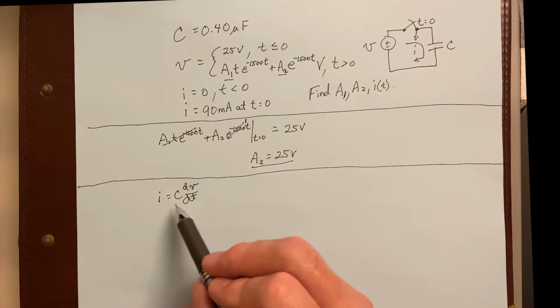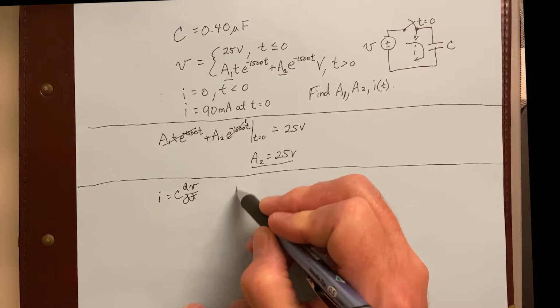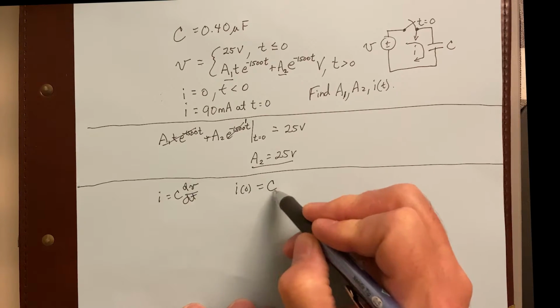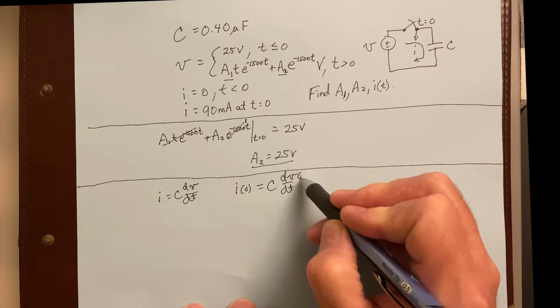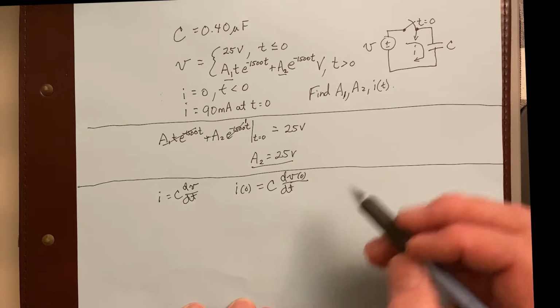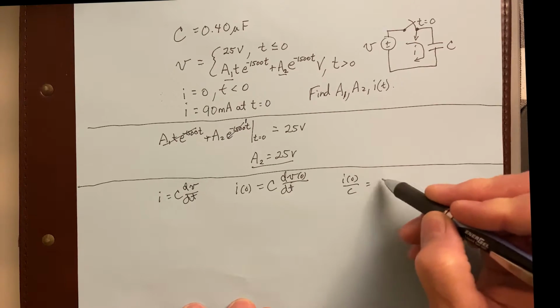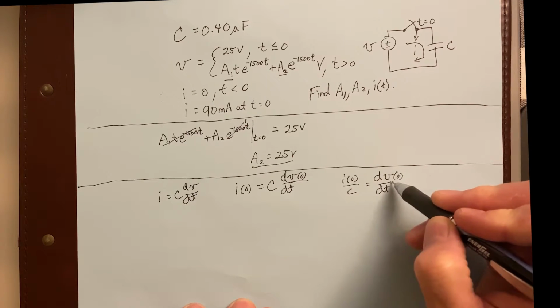So if it applies for all times, it's going to apply at t equals 0. In other words, i evaluated at t equals 0 is going to be equal to C times dv/dt evaluated at t equals 0. That means i of 0 over C is going to be equal to dv/dt evaluated at 0.